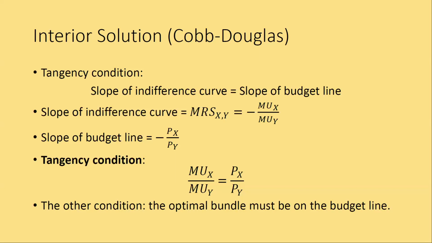We are going to combine the tangency condition with the other condition, that the optimal bundle must be on the budget line. Combining those two conditions, we are solving a system of two equations with two unknowns, x and y. We will find the optimal bundle eventually, and I'm going to show the later steps in the numerical example. Here we are describing everything in a more abstract way.